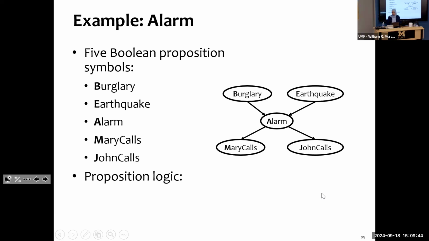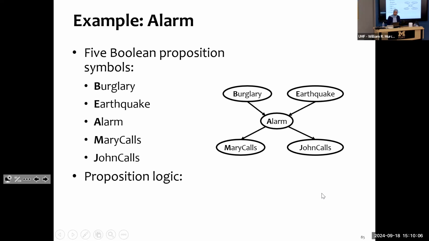Okay? So now let's move to the next quiz, which is taking an example. Let's consider a real example. There is an alarm. There are two reasons, let's say. The first one is burglary, and the second one is earthquake. Because of that, there is an alarm.